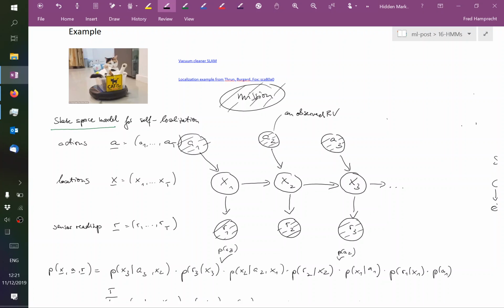And now the robot would first try and localize itself, and then it would use its current best estimate of where it is in conjunction with its mission to find out what is the next action. So I could complete my graph something like that. And here I've completely omitted all this aspect of what is a mission, and we can also more generally have rewards associated with certain actions.